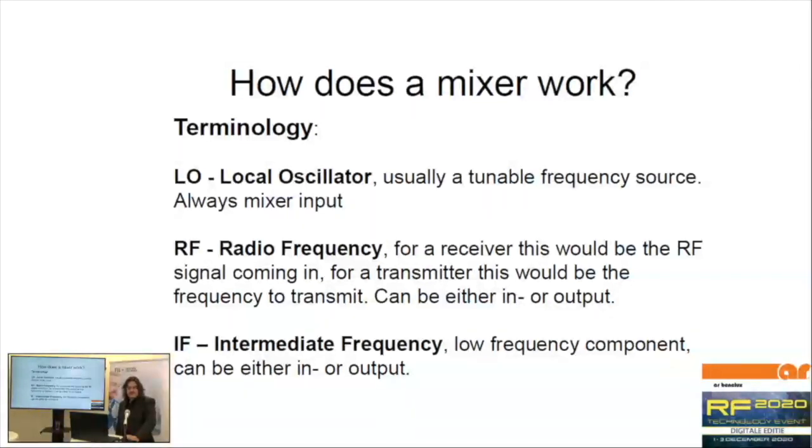For a transmitter, this would be the output. It's the frequency that you want to transpose to another frequency domain. So you either want to get into RF, or you want your RF to get to your intermediate frequency. Well, and last but not least, then the intermediate frequency. That's usually the low frequency, can also be rather wideband, but that depends on the situation.